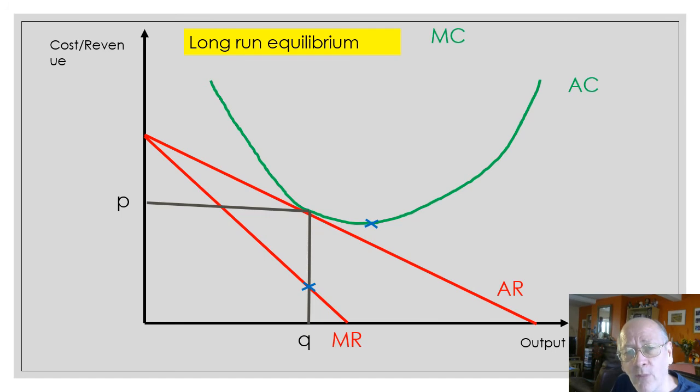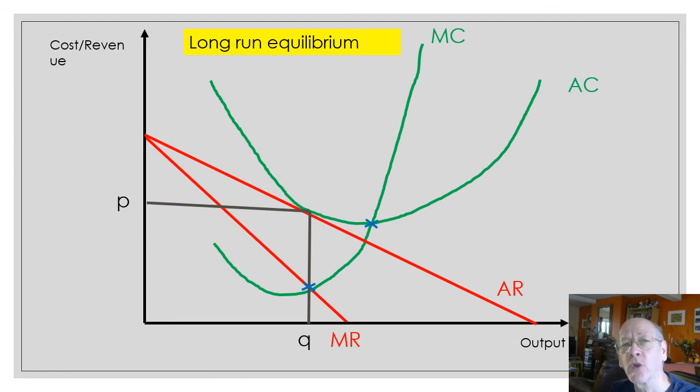So you'll notice I put a second blue cross there. So there are two things that we know about the MC curve. So the last line that we draw in is the MC curve. Any curve will do, provided that it goes through those two blue crossed points.